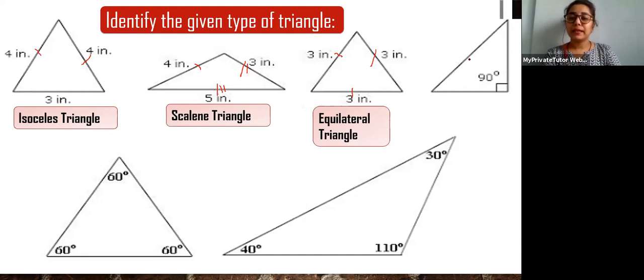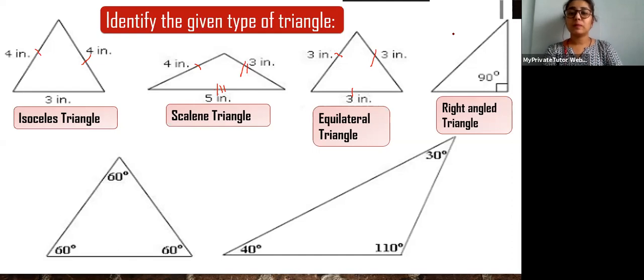Next we have a triangle which has one of the angles as 90 degrees. What is that? Right angle triangle. You can see that one of the angles is 90 degrees. This triangle is a right angle triangle.